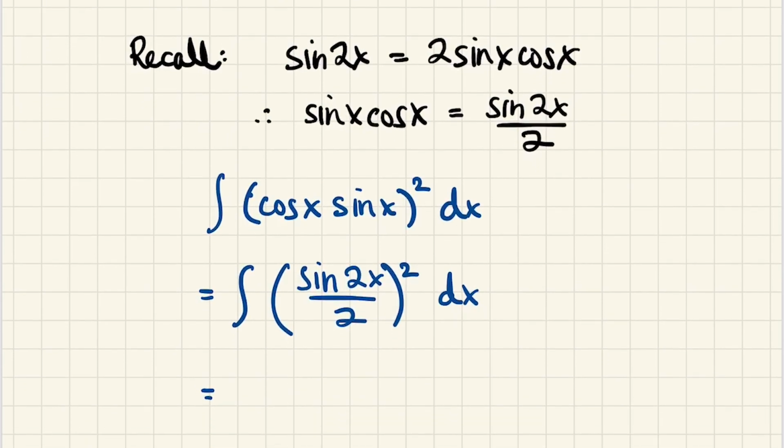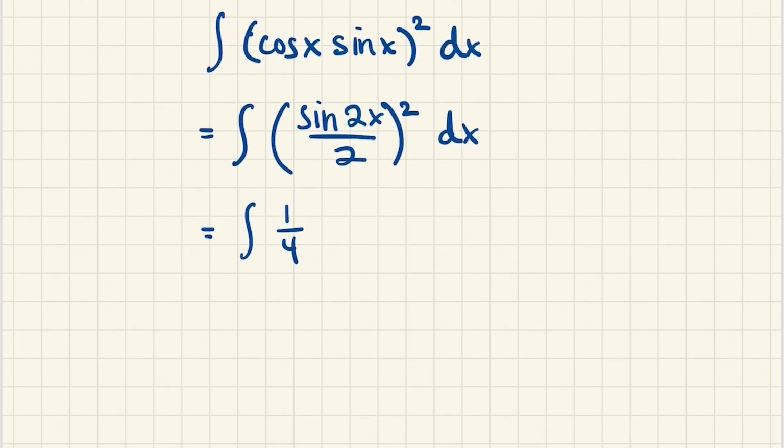And that would be, if we cleaned it up, 1/4 sine squared of 2x. And now we have an even power of sine, so we'll use the half angle identity as it's prescribed by the method that we just wrote down.